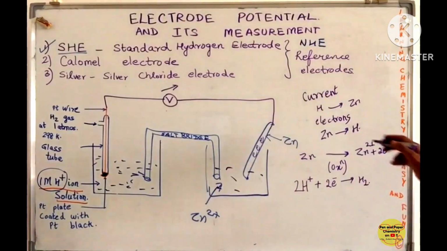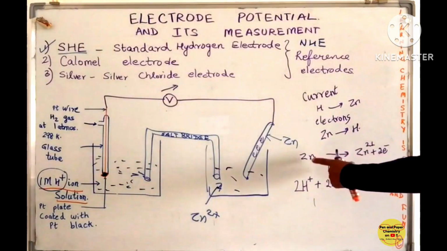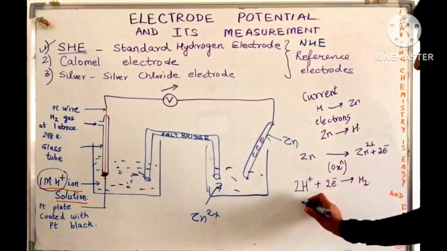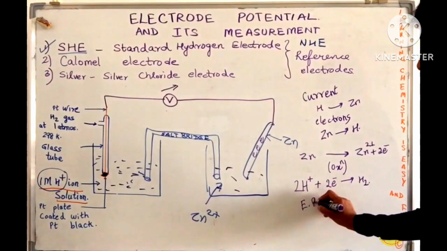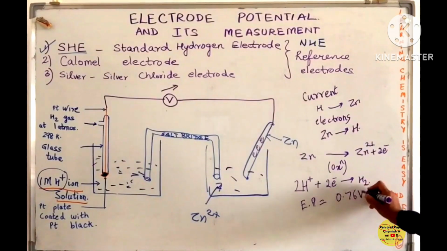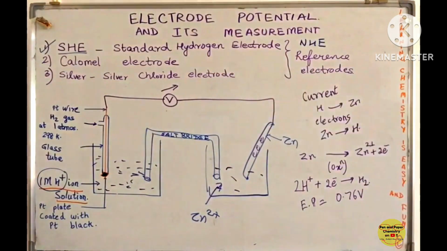In other words, when zinc and hydrogen are connected, zinc has more tendency to get oxidized. How much more tendency to get oxidized is what we measure by what we call its electrode potential, which is 0.76 volts. So your voltmeter shows 0.76 volts over here. That means this is how much is the potential of zinc to lose electrons compared to hydrogen.